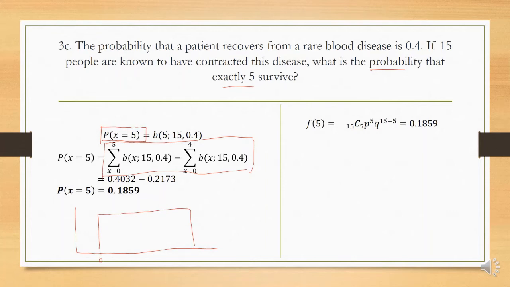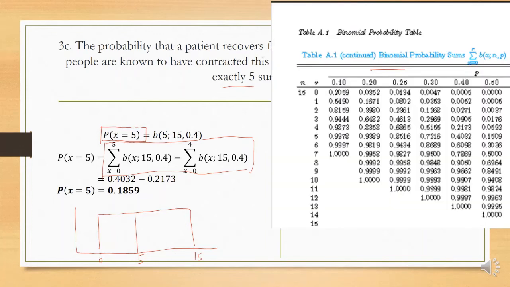Ang kailangan natin ay exactly 5. So, if this is 5, okay, this is 15, ang reading natin sa table, we have the table on the right side, ay yung 0 to 5. Okay, ito yung 0 to 5 na yon. Meron yan. Ito yung reading na yon. So, 0.4 tayo, and then 5 tayo.